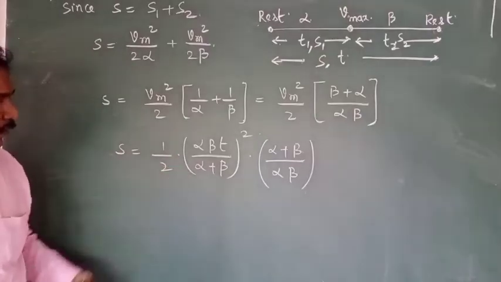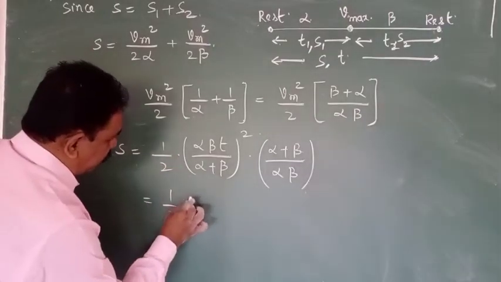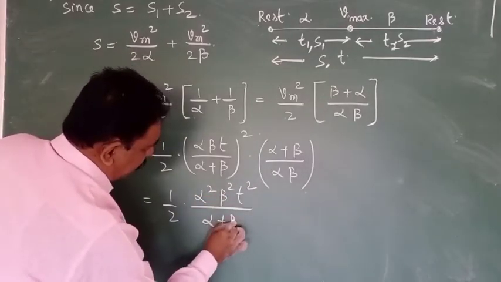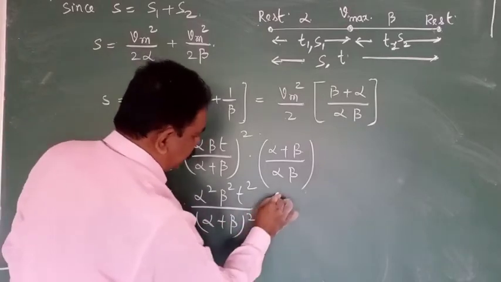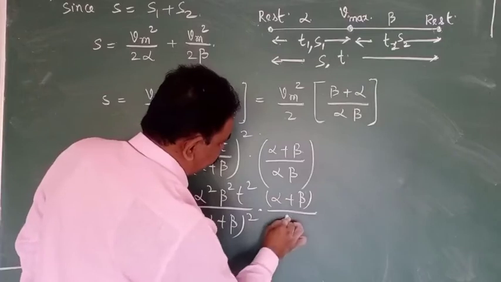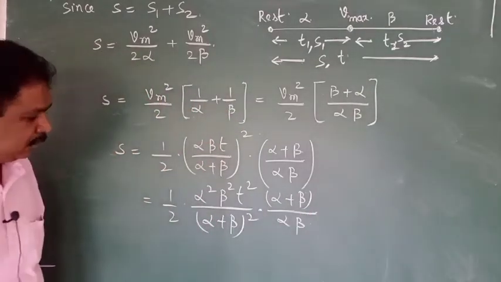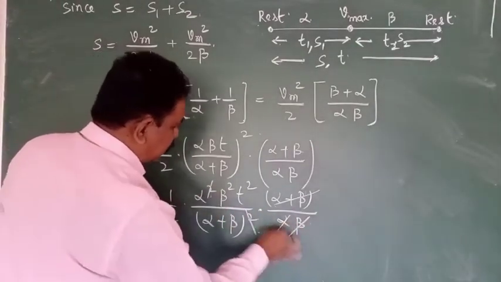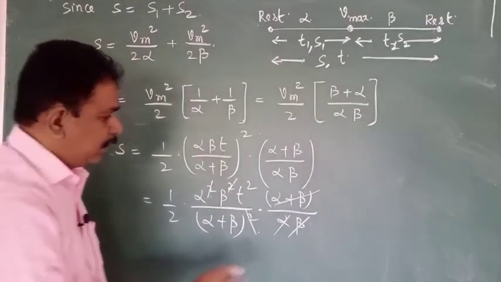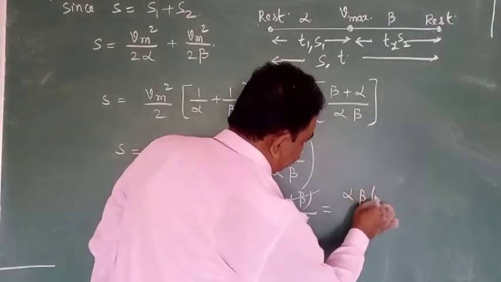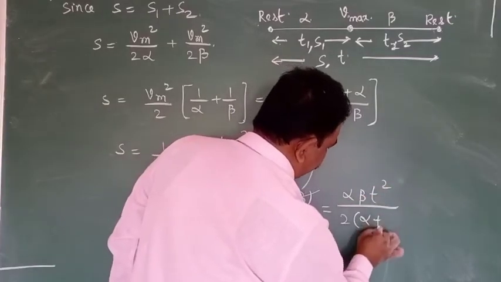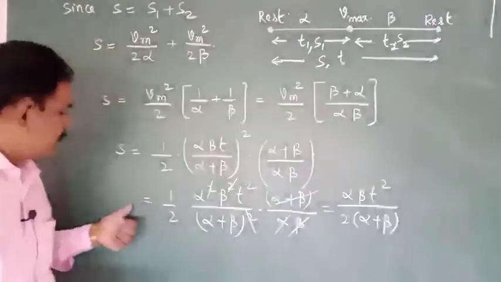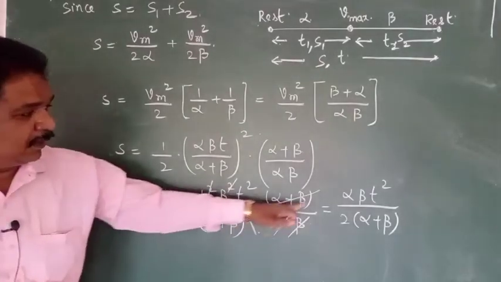If you simplify this, 1 by 2 alpha square beta square t square by alpha plus beta whole square, times alpha plus beta by alpha beta. So this square will cancel, this square will cancel, this square will cancel. Remaining is alpha beta t square by 2 into alpha plus beta. That is the displacement. Clear?